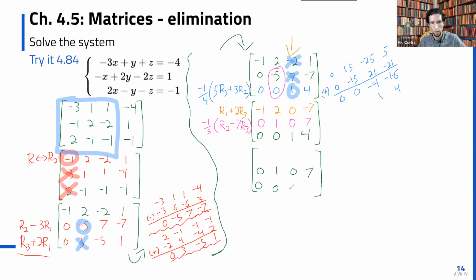We only really have one thing we could do in our operations. Everything else has been turned into 0. So if we're trying to eliminate this position here, the only thing that we can use is row 2. And it's a 2, it's a 1.